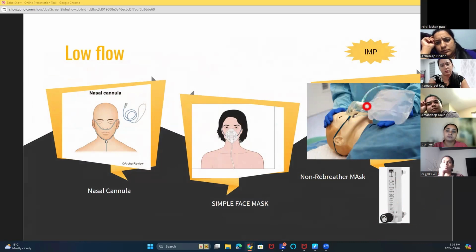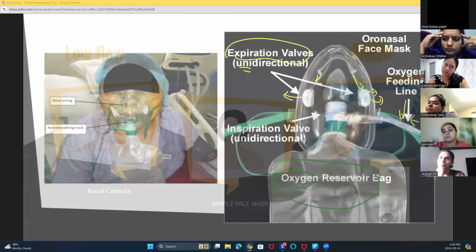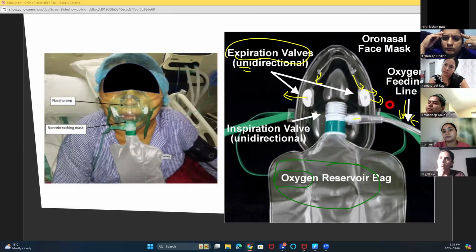This one directly goes into this bag, and when the patient is breathing, he will be breathing through his bag. Only oxygen he's breathing. He's breathing in oxygen, and he's not rebreathing his previous breath. It goes out through these valves, and he's taking the breath from this one.